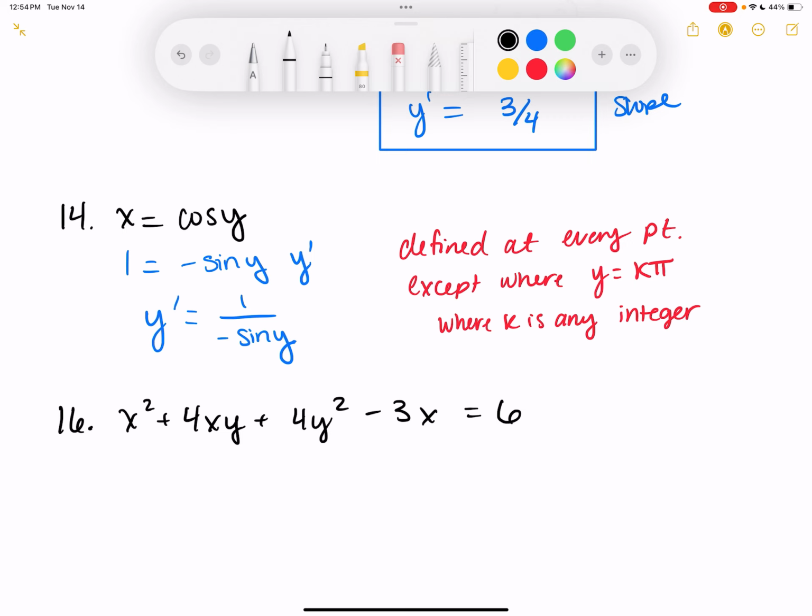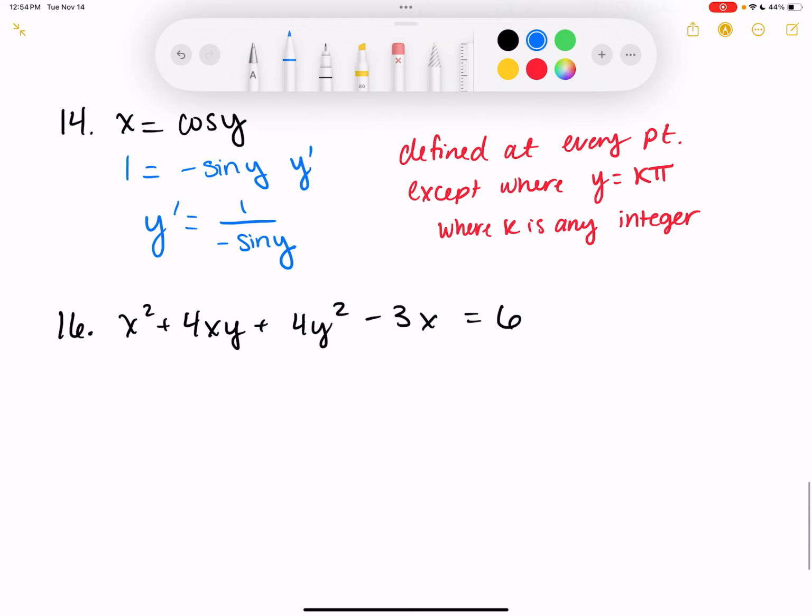So the derivative of x squared is 2x. Then we have a product rule. 4x times y prime, so first times the derivative of the second, plus 4 times y, the derivative of the first.